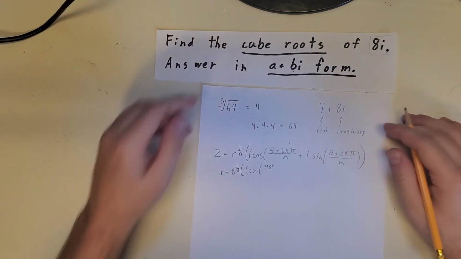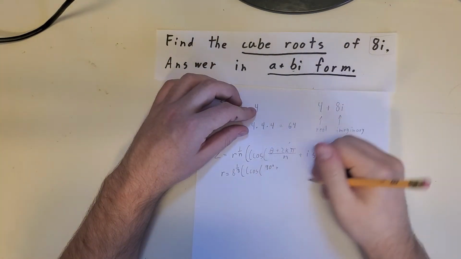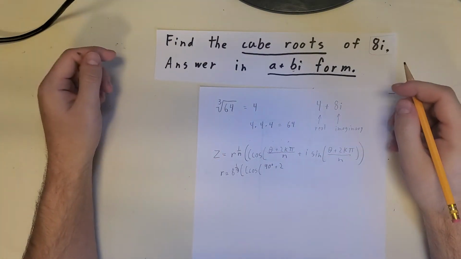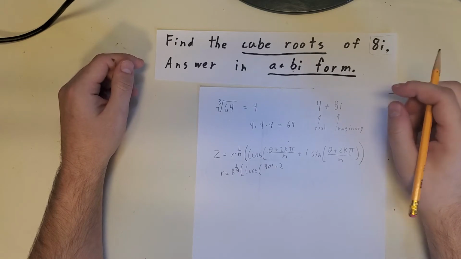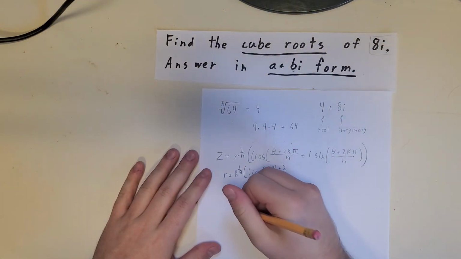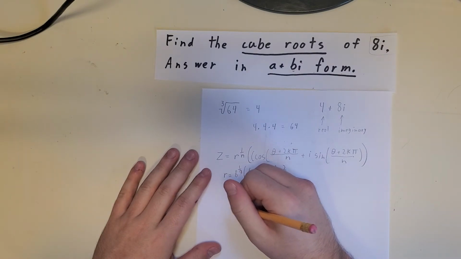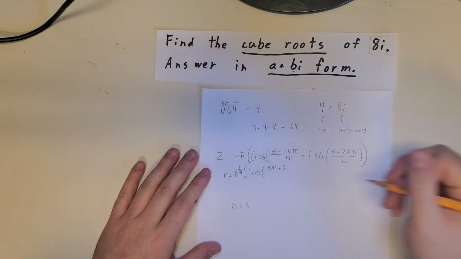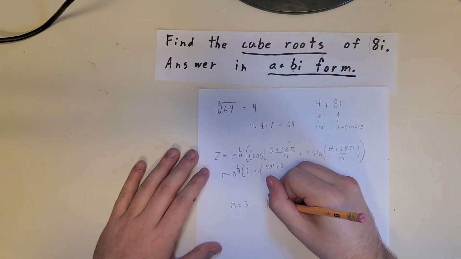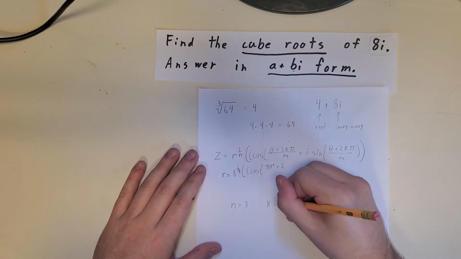All right, 90 degrees plus 2k. Now this k is essentially going to be whatever iteration we're on. So if n equals 3, then k is always going to be starting at 0.